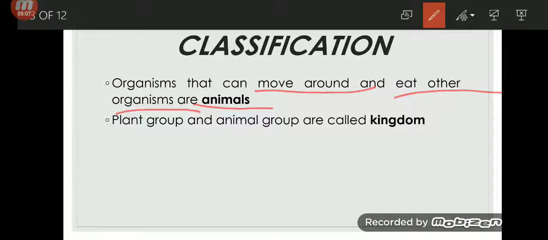If I tell you there is a kangaroo, you will tell me, Miss, this is an animal. If I show you a plant, you will tell me, Miss, this is a plant. So these are the bigger categories in which we divide the living things. The plant group and the animal group are called kingdoms. So there are two kingdoms. Number one is plant and number two is animal. This is for living things.